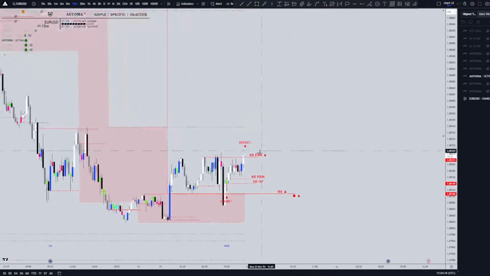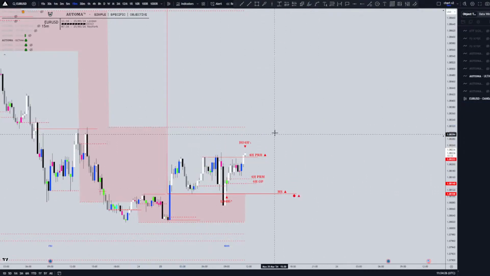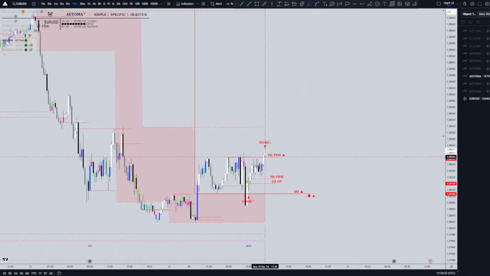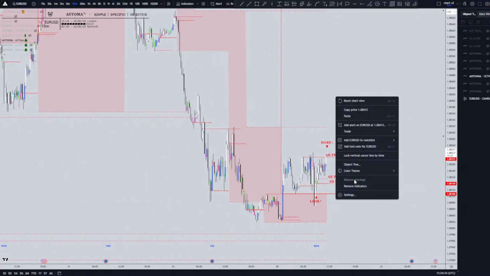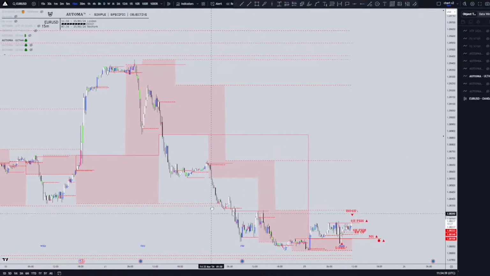So if 4-hour established a bullish trend, what's the market structure's job? Take out liquidity on 4-hour. So on and off, same as the ranges, it can go one direction and another. Same for market structure. Market structure's job is to establish trends.